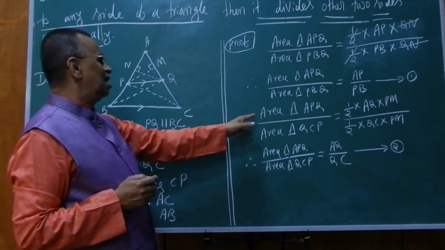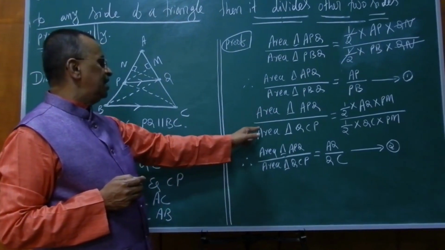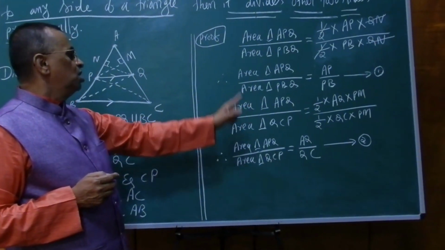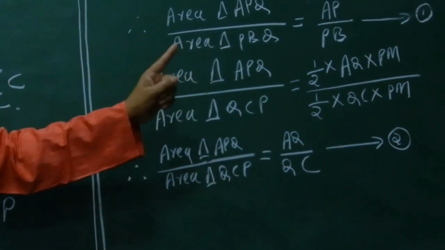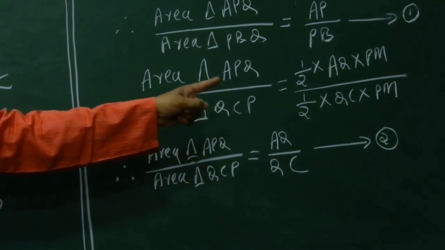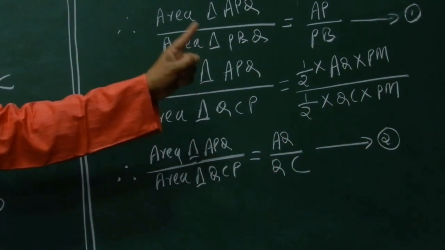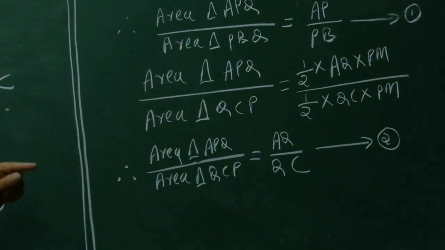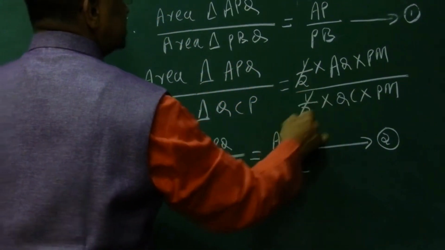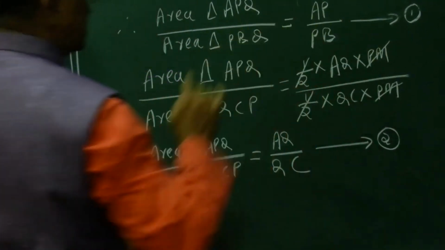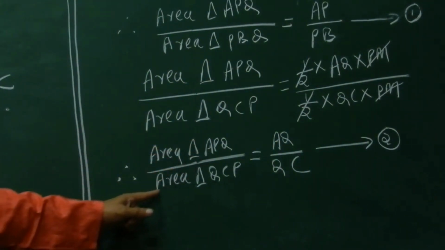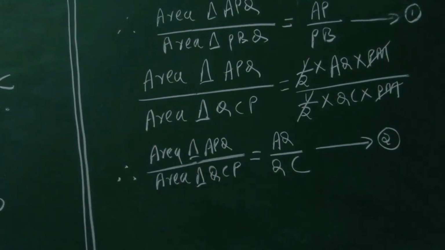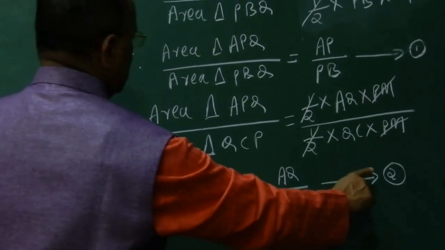Therefore, area of triangle APQ over area of triangle QCP is equal to half into base AQ into height PM over half into base QC into height PM. Therefore, half cancels, PM cancels. So area of triangle APQ over area of triangle QCP is equal to AQ over QC. This becomes equation 2.